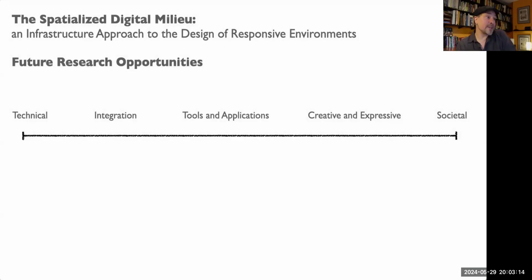So yeah, the spatialized digital milieu, one of the things that's really exciting to me about it is that now that we've got this kind of ideological framework and this idea for the infrastructure level of how to control objects within an environment, there's a lot of different ways this could be taken in terms of research.